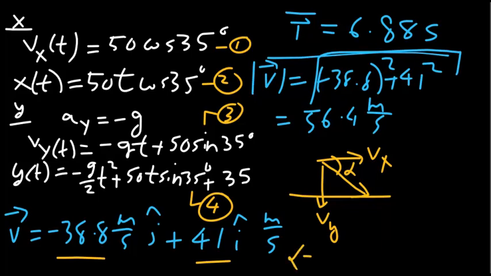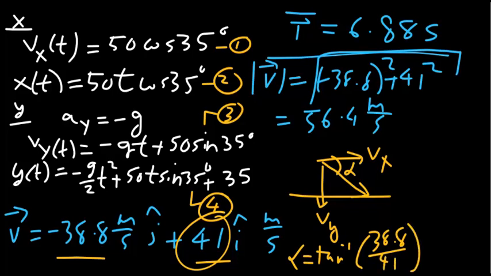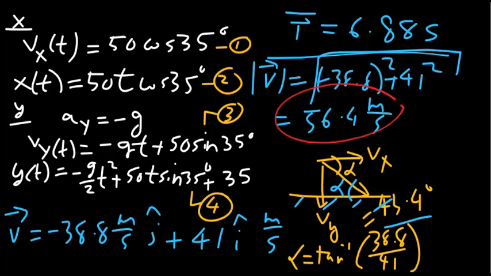Alpha is quite simply the arctangent of the magnitude of Vy, which is 38.8, over Vx, which is 41, and you get 43.4 degrees. So it makes an angle of 43.4 degrees with respect to the ground at impact. That is the answer for part B.